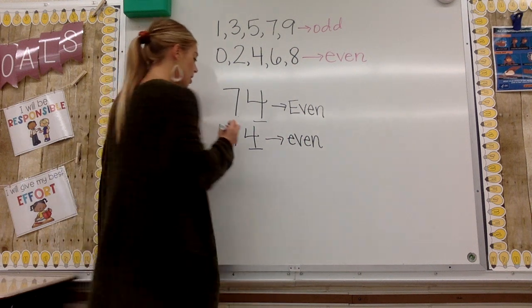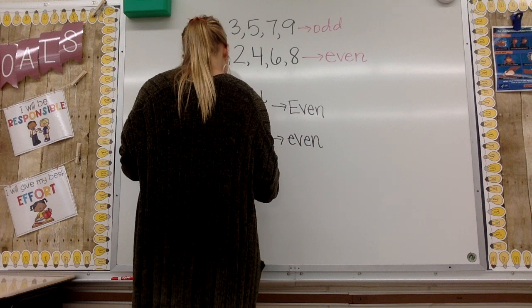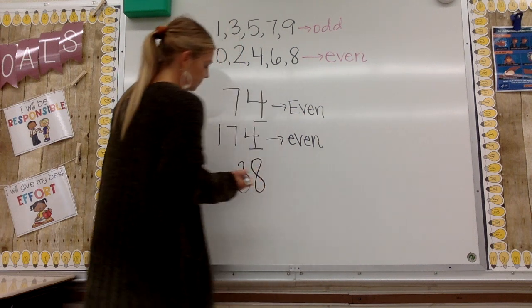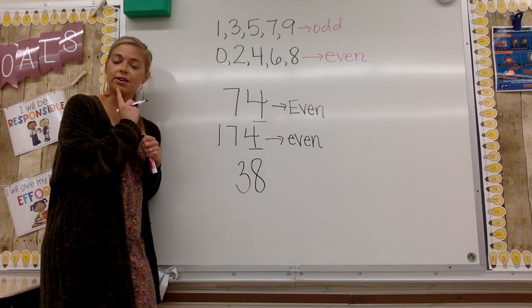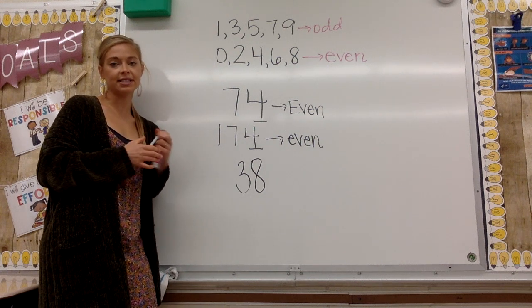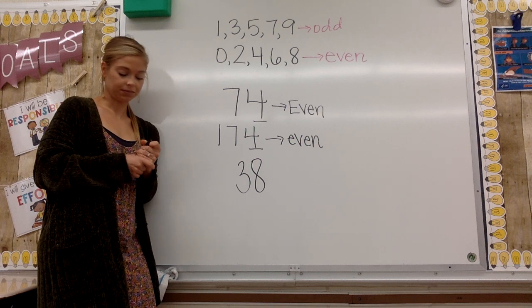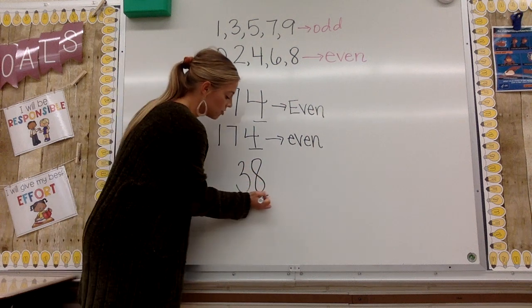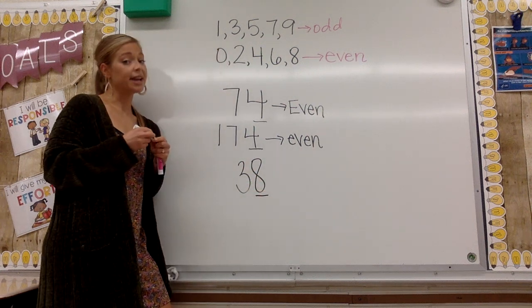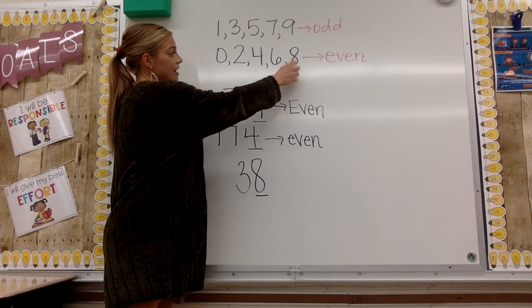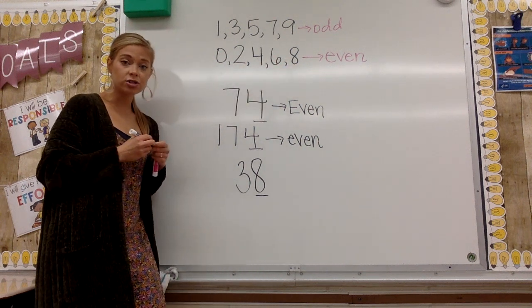Okay, let's do the number 38. Do you think 38 is an even or an odd number? Why? Look to see what number it has in the ones place. Well, if you're thinking that it has an 8 in the ones place, and the number 8 is an even number, just like we said up here, right? 8 can evenly be grouped up in 2s.